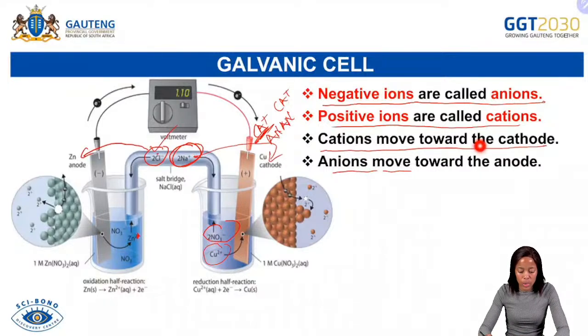So we need to keep that in mind in terms of the movement of the salt bridge. Okay. So you can be asked that question to say, explain the movement of the anions, where are the anions going to move? Then you will know that the anions will move to the anode because it's An-an, and then the cations will move to the cathode because we are going to use what? Cat-cat.